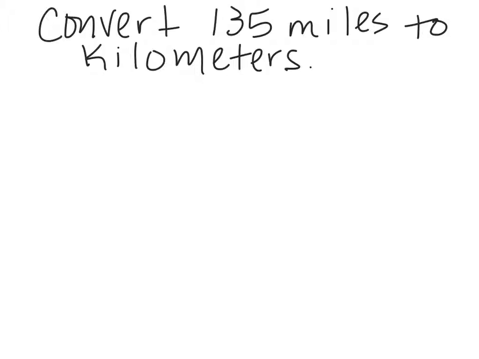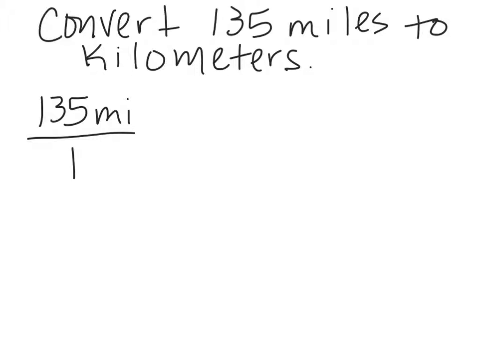Okay, let's set up the conversion problem. Remember, if you get stuck, you can always look at page 3 of your math skills. All right, let's begin. Start by writing the unit that you are converting from, 135 miles, and put that value over 1.